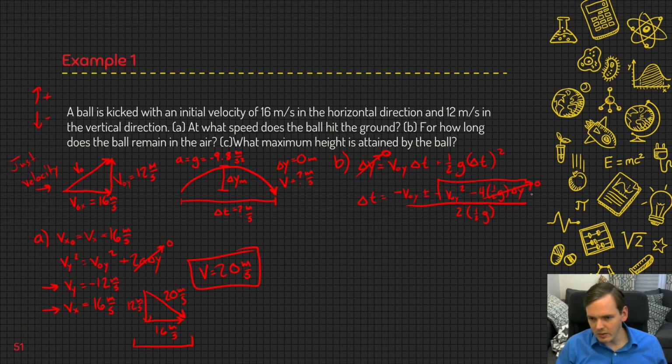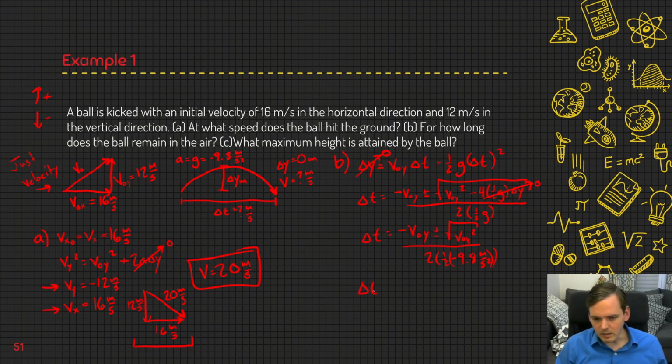This term again goes to 0 because of the delta y being 0, so delta t equals negative v naught y plus or minus the square root of v naught y squared, divided by 2 times 1/2 of negative 9.8 meters per second squared.